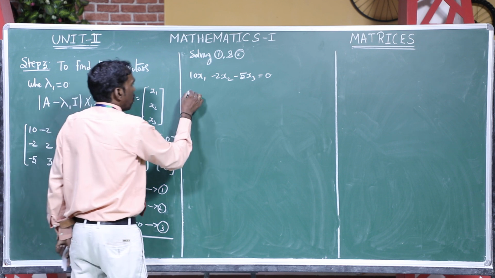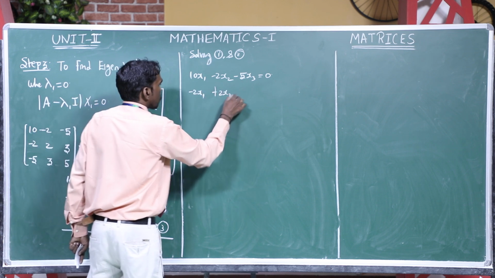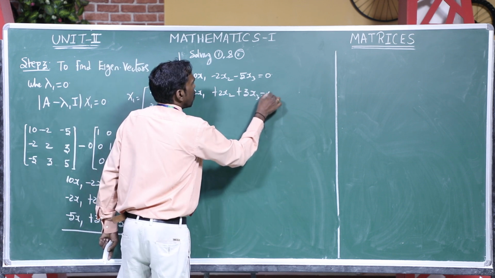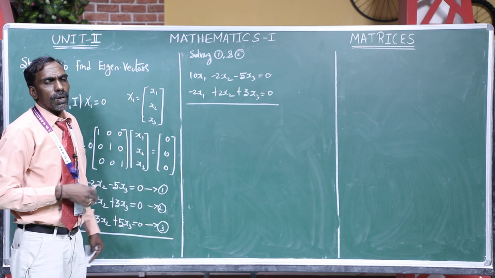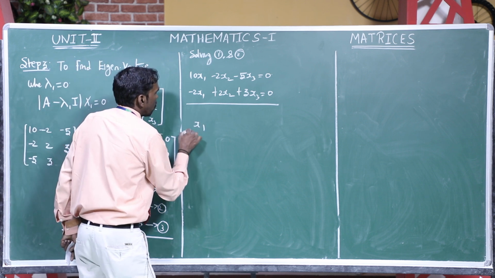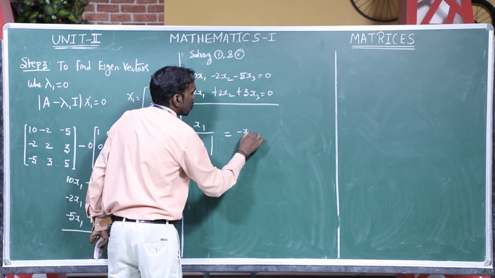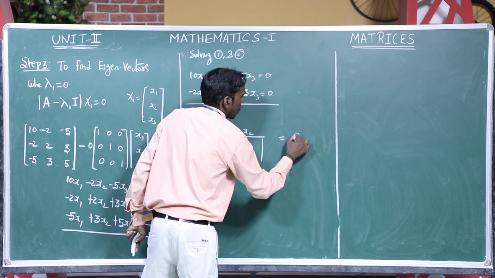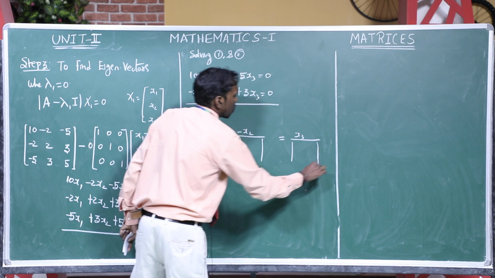Then minus 2x1 plus 2x2 plus 3x3 equal to 0. These are two different equations, so I can use the cross multiplication method. So x1 by, put the matrix, here minus x2, put the matrix, then x3, put the matrix.